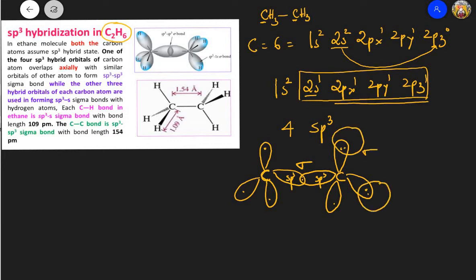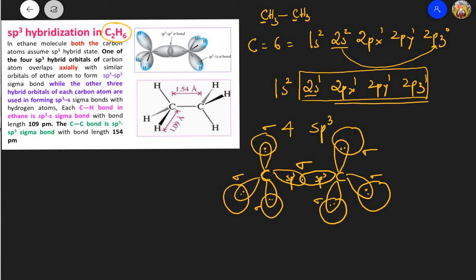Similarly here also it forms a sigma bond, and here also. The same thing happens with the other 3 sp3 hybridized orbitals of carbon and those of hydrogen. So here I can write the bond pair. Is it clear, students? So this is all happening with respect to sp3 hybridization in C2H6.